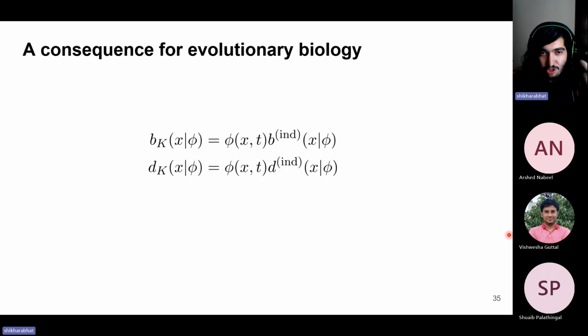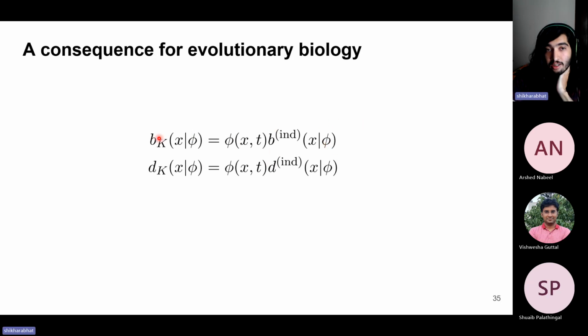But I will show you a consequence, and for the first time, make a slightly more concrete assumption on the birth and death rates. I will assume for now that the B_K and D_K, that is the birth and death rates in density space, can be written as current density times some function.